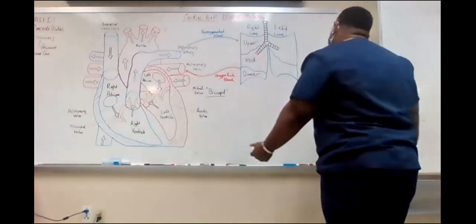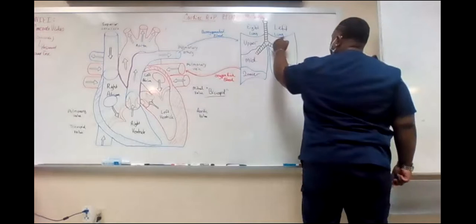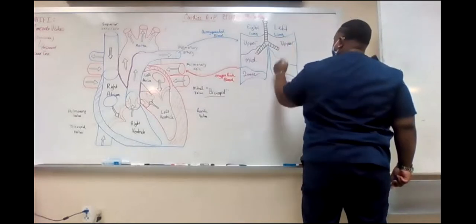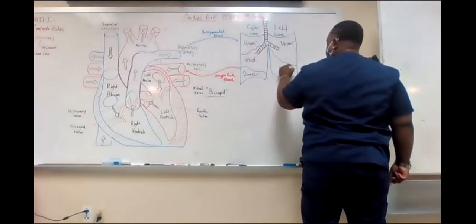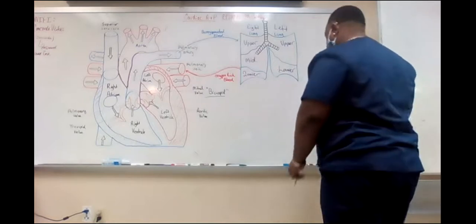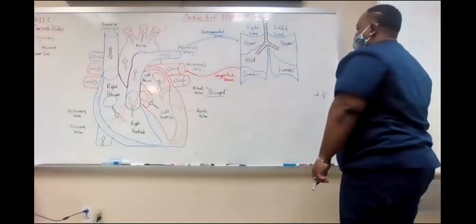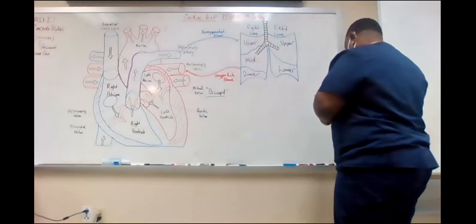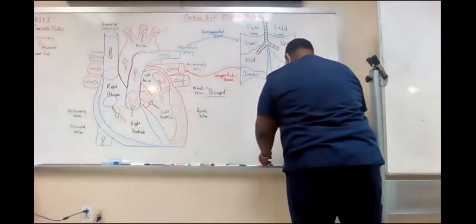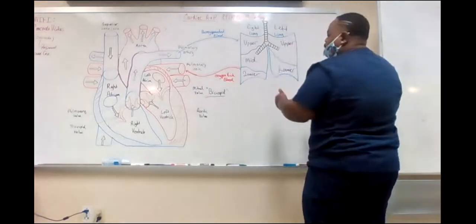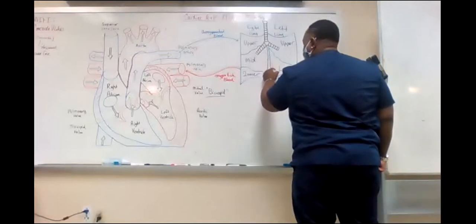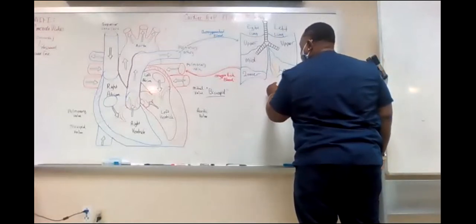And the left lung has 2. It has a left upper and a left lower lobe. Now, the left lung also has a little small piece called the lingula.